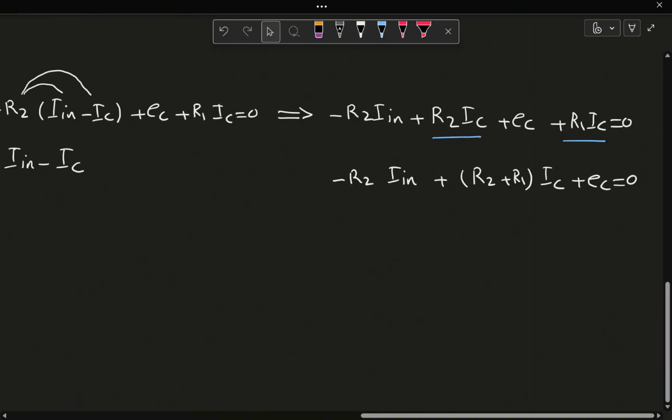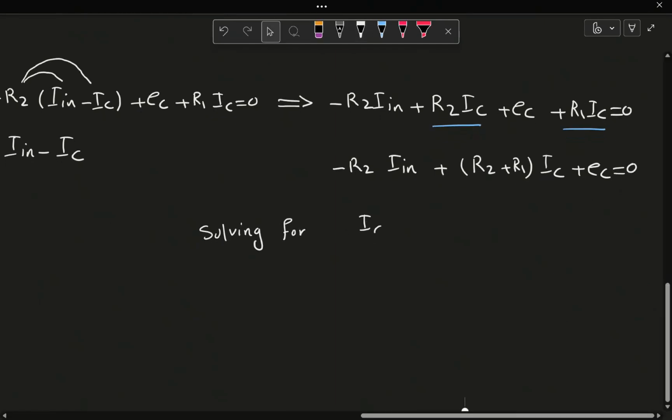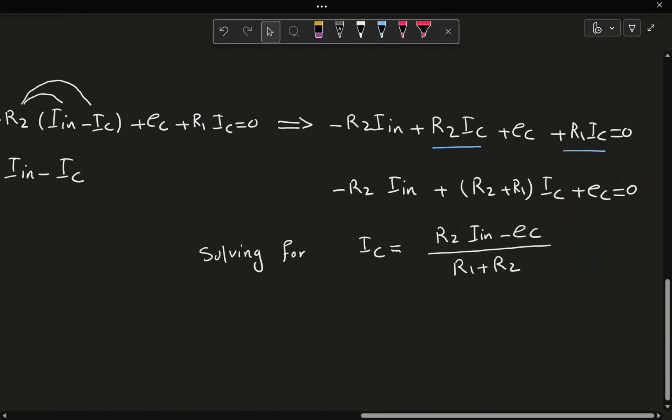Solving this equation for IC, you will have IC equal to (R2 IN minus EC) over (R1 plus R2). And this is the equation that you wanted to find.